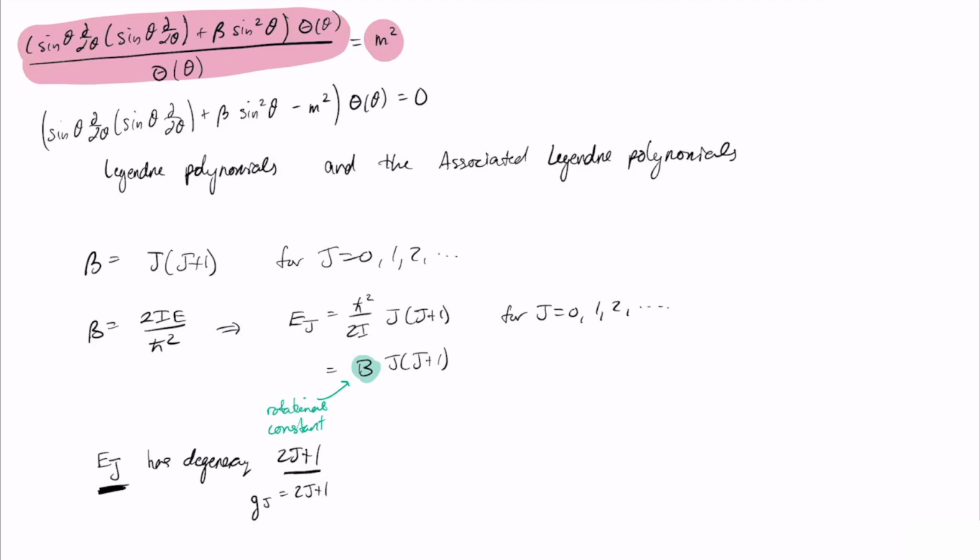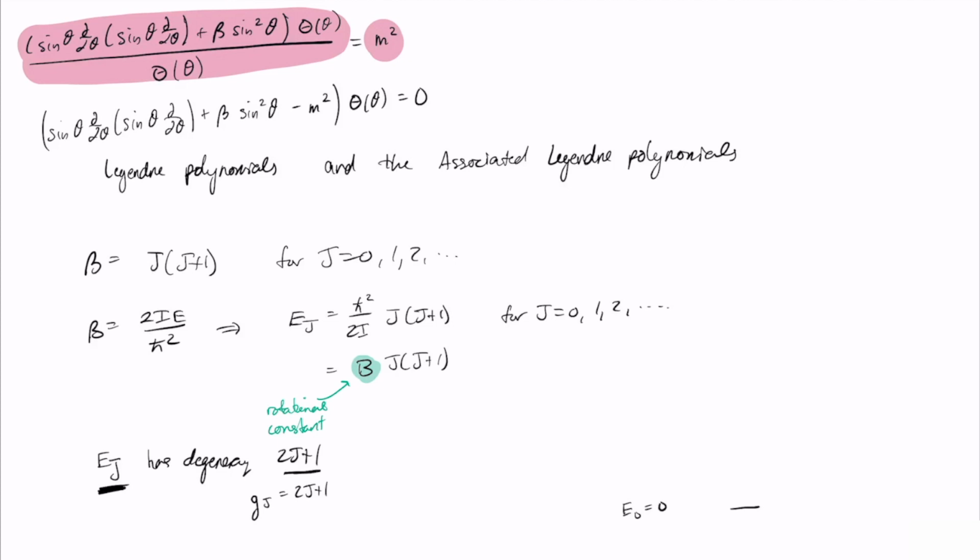Okay, so let's draw that a little bit as an energy diagram. What that means is that you have the ground state E of 0 is just equal to 0, and the degeneracy of the 0 state is 2 times 0 plus 1, so just 1. So you just have one state.